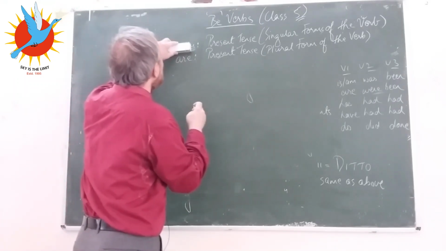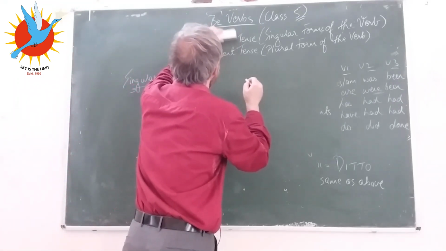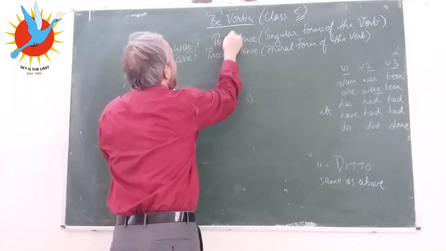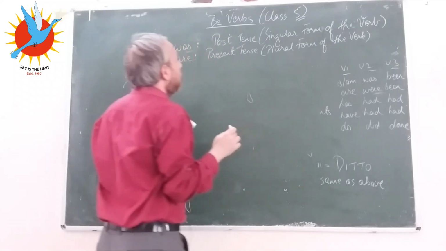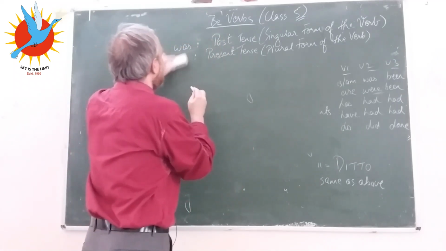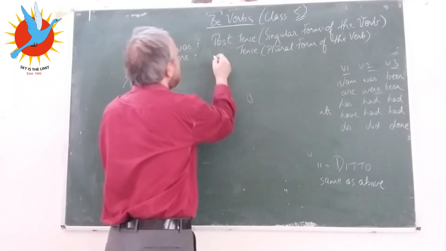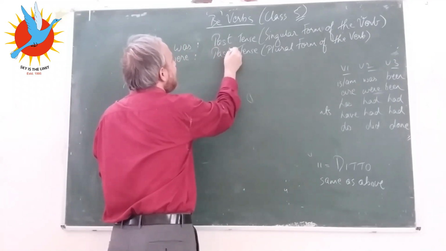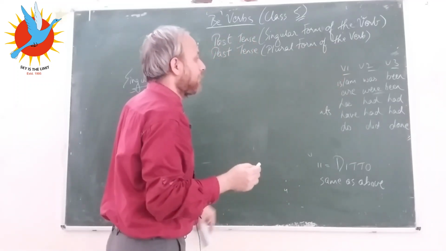So let's look at was and were. When you use was, you're talking about the past tense and it is the singular form of the verb. If you use were, again you're talking about what tense? The past tense, and this is the plural form of the verb.